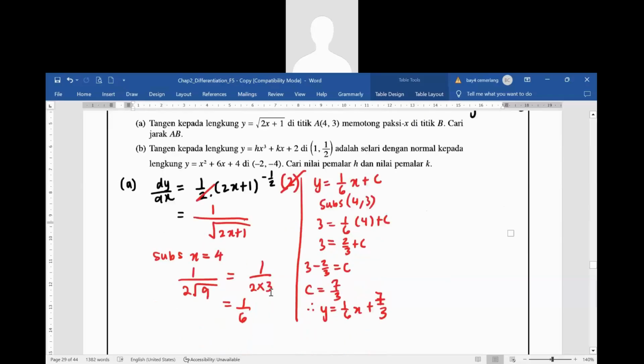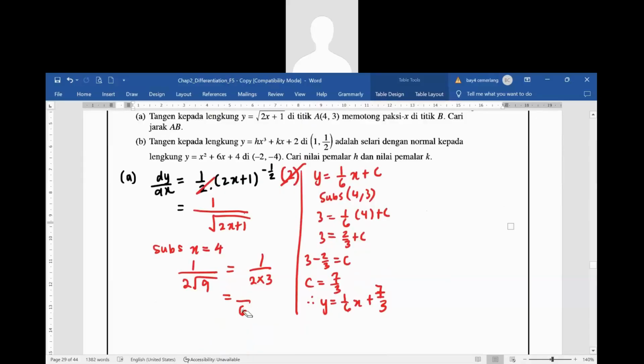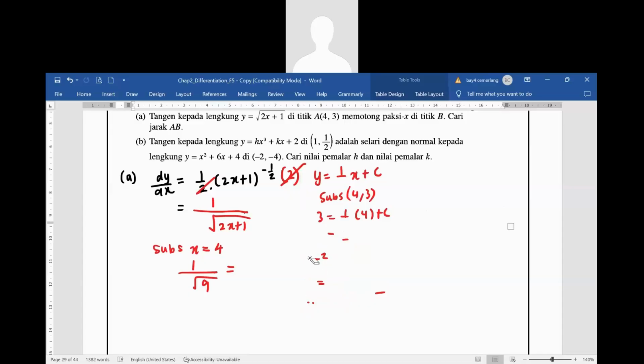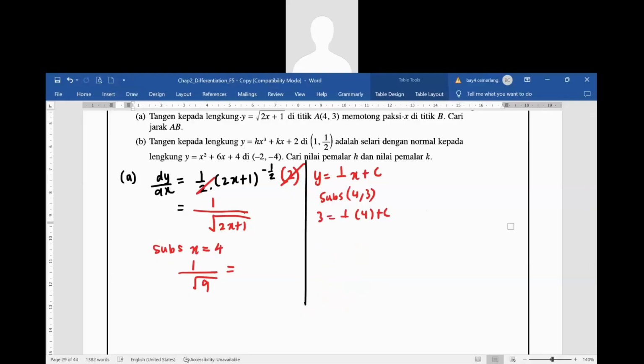So, here it becomes just 1 over 3. Okay, thank you for pointing out. Yeah, I forgot to differentiate the inside. So, the 2 and 2 you cut off. Now it's correct.